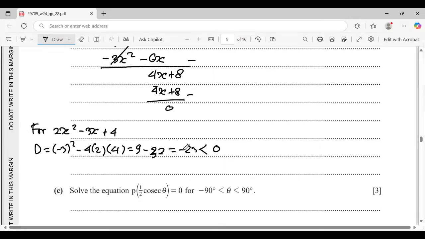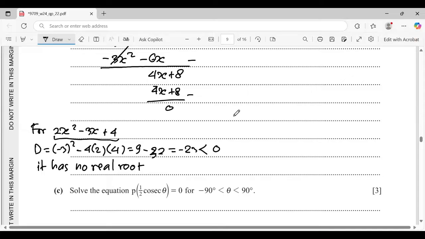It is less than 0. So this expression has no real roots, because the discriminant is minus 23.